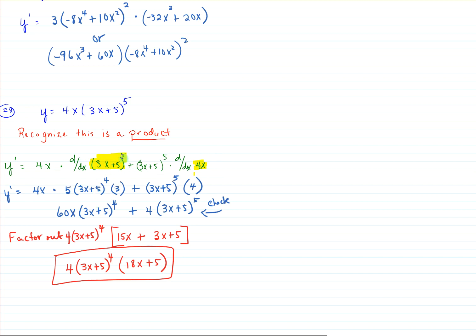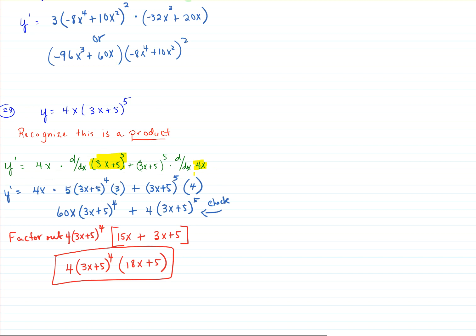This one requires the chain rule. So I have 4x times 5 goes to the front, 3x plus 5 to the 4th. And then we have to take the derivative of the inside here, which is just 3, plus this times the derivative here is 4. So now I'm going to multiply 5.